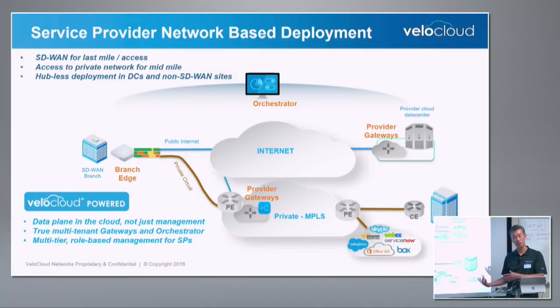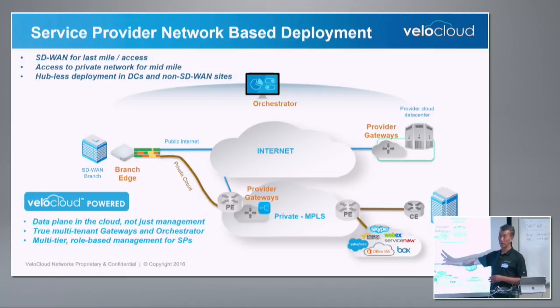In fact, while this is shown as a provider solution, this is really key for the largest enterprises, because all the large enterprises want the flexibility on the last mile, but they will typically have an existing backbone, existing data centers, existing sites on that backbone, and they want to leverage that in the mix. The fact that we uniquely have these cloud gateways can provide the interoperability between the SD-WAN and access to the existing private core. So in fact, they can access the data centers without installing a hub in the data center. So sort of a hubless design for existing sites.